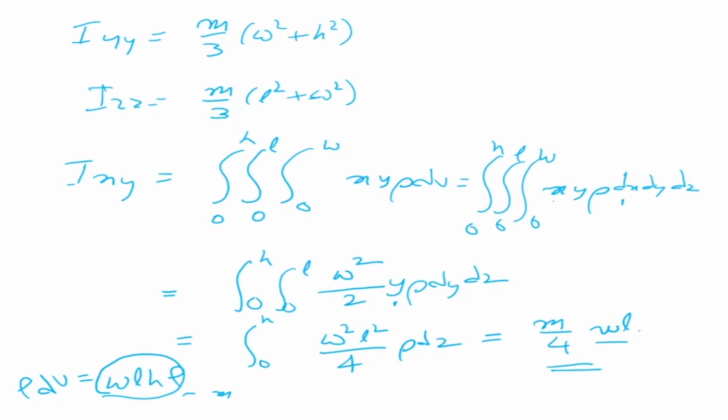So this is equal to m by 4 wl. Now similarly I can find the other terms: Ixz is equal to m by 4 hw, and Iyz is equal to m by 4 hl. Putting all the terms together, we can get the inertia tensor.